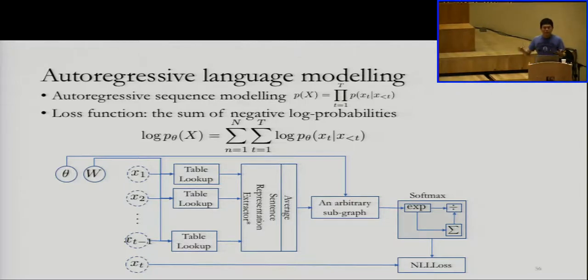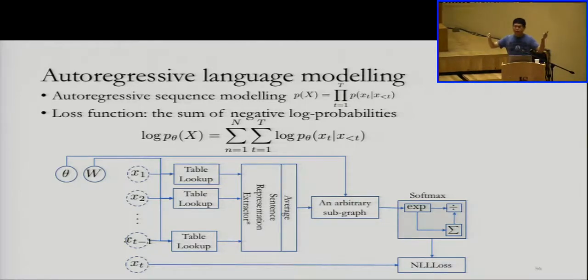We are, in fact, trying to maximize the log probability of the sentences you see in the training corpus. So training this classifier corresponds to maximizing the probability of the sequences that you see in your training set, while minimizing the probability of the sequences that are not in your training set.